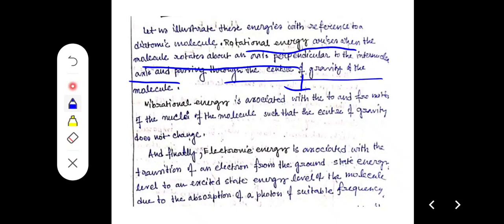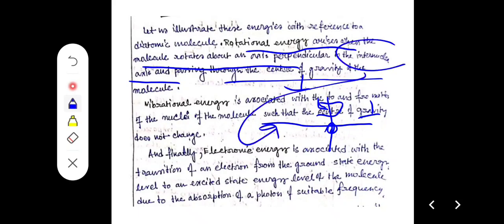Suppose a molecule where the center of gravity is present and there is an internuclear axis. The rotational energy arises in this axis because it is perpendicular to the internuclear axis. If the internuclear axis is this, then this line will be the perpendicular of the internuclear axis.